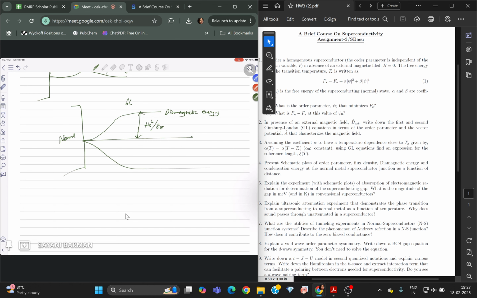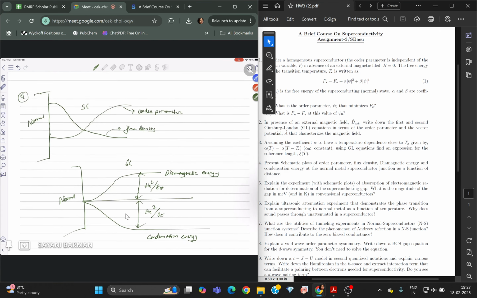The opposite is the condensation energy, and this energy is also Hc square by 8 pi. Right.